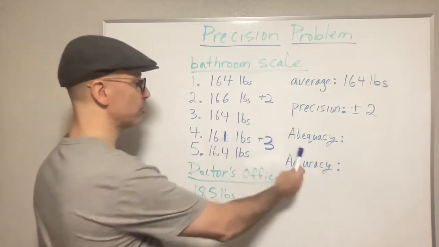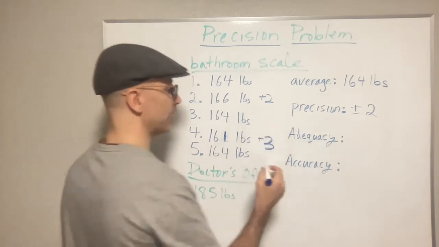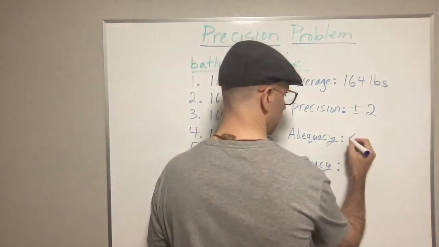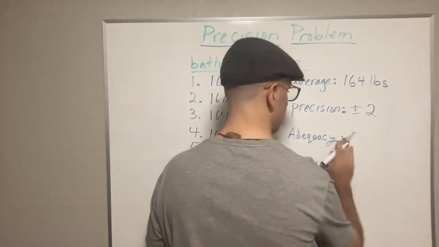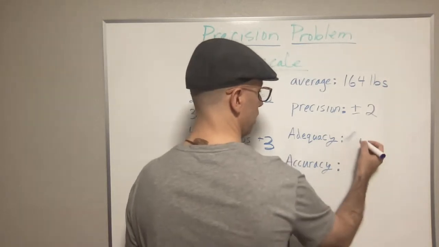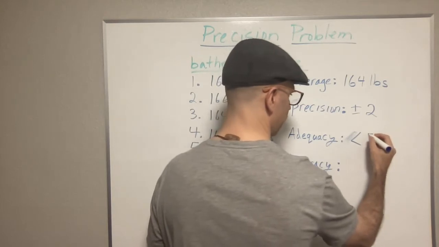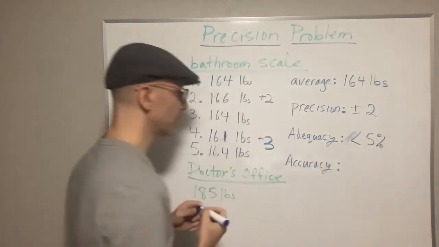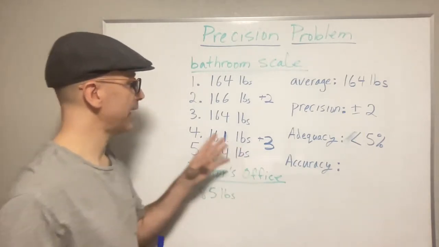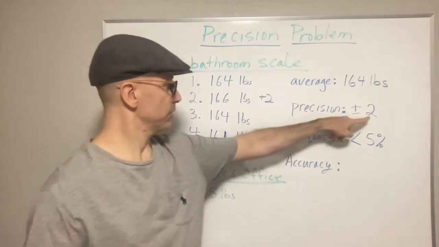So next is adequacy. So we're defining adequacy as, let's say, a difference or a precision that is less than 5%. Okay. So then all we need to do is take our precision here. This is plus or minus 2.